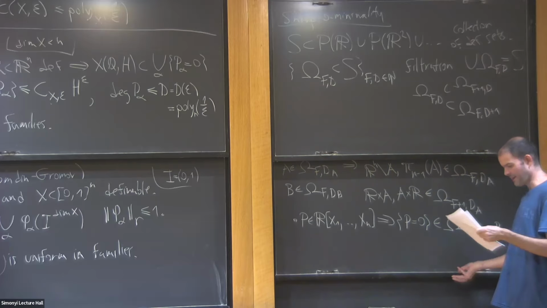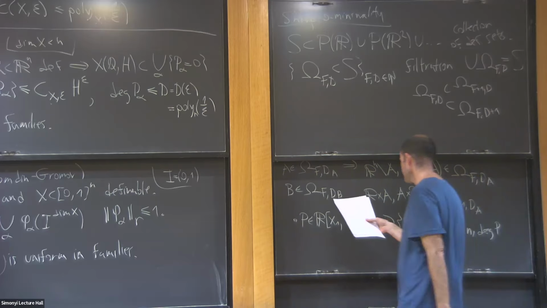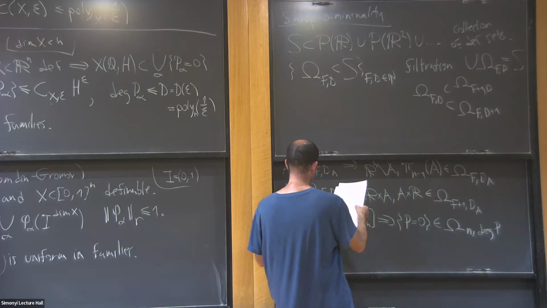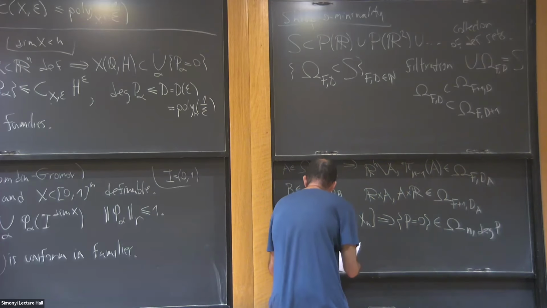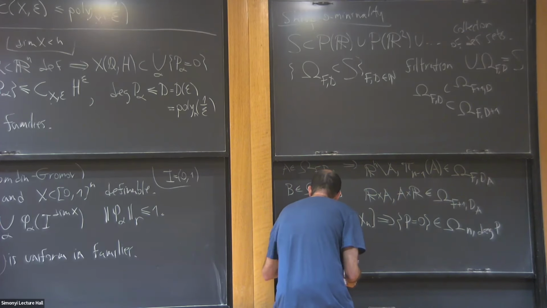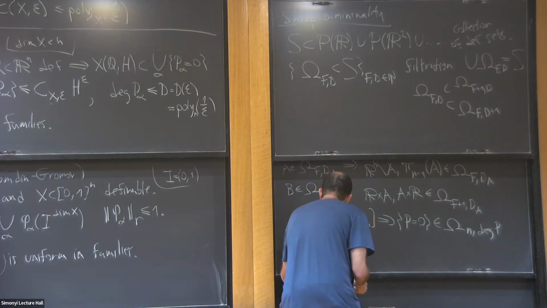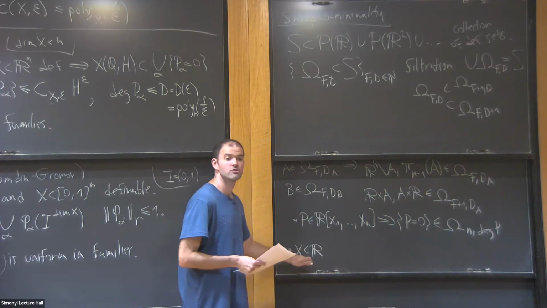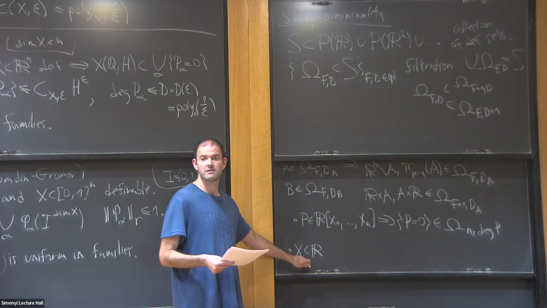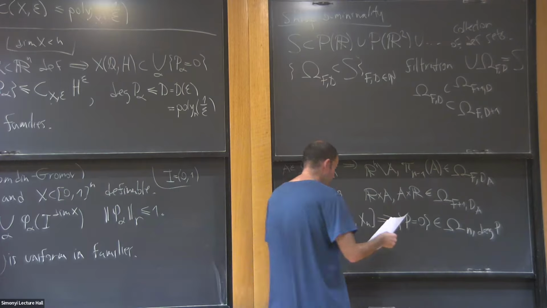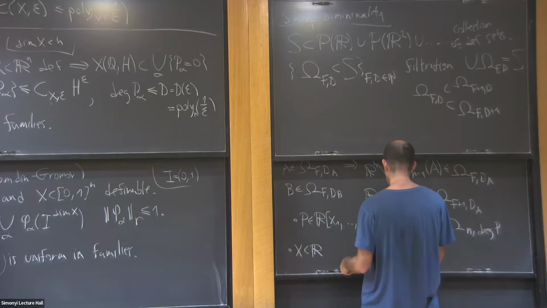And then one final thing. Now I'm going to take X in R. O-minimality will tell you there are finitely many connected components of X. That's the axiom of o-minimality. Now we are going to make it more explicit.